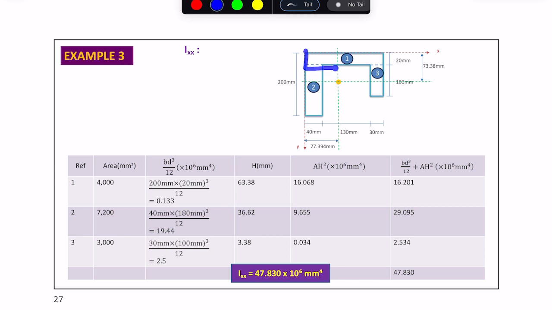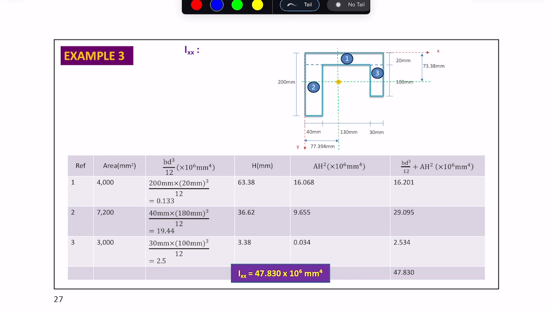So for the first section here, the B is 40 plus 130 plus 30, then it becomes 200 times 20 mm, the height or D, it is 20 mm, power of 3 divide with 12.